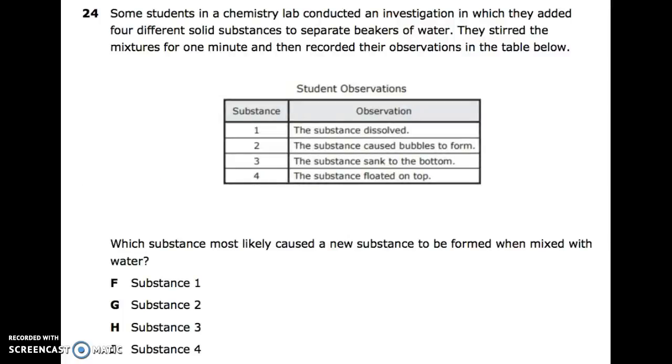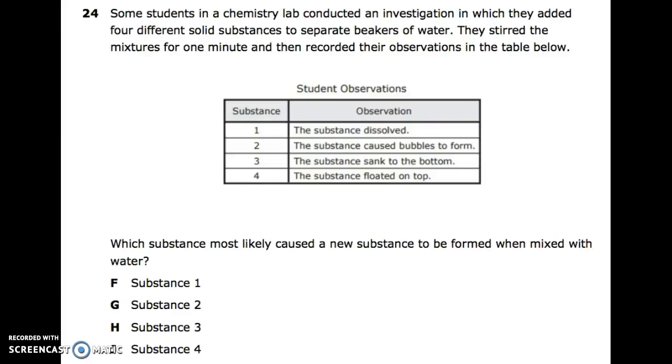Number 24. Some students in a chemistry lab conducted an investigation in which they added 4 different solid substances to separate beakers of water. They stirred the mixtures for 1 minute and then recorded their observations in the table below. Substance 1, the substance dissolved.